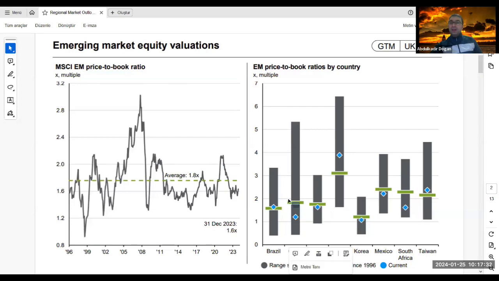For China, the average is around 2, but the current price is around 1. China is cheaper, so you can buy in China. Yes, the price may go down more. It is possible, but it is still cheaper. So if I'm not a trader on the desk, I will not look at the prices.